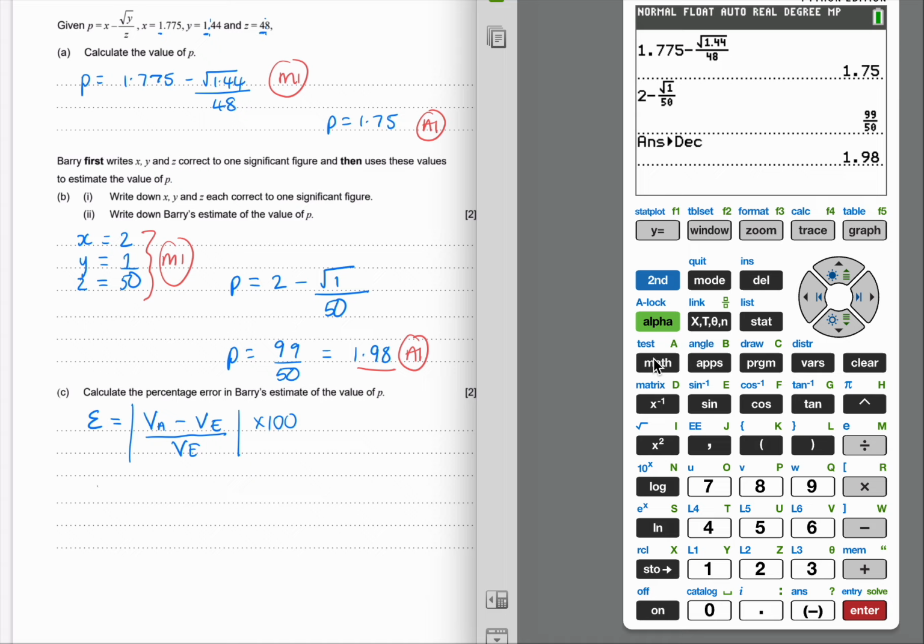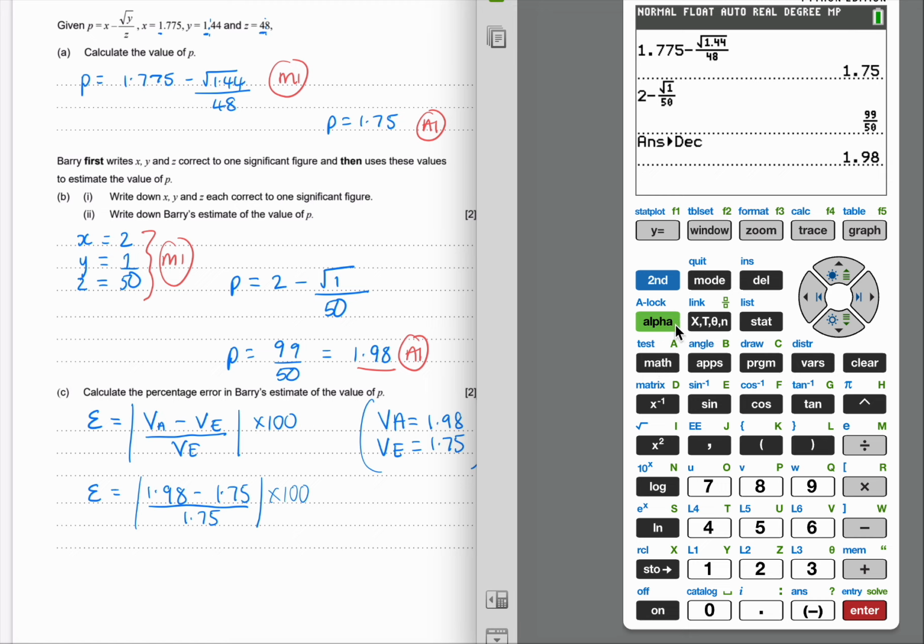So if I substitute in the values that I've got, we know that the approximate value is equal to 1.98, and that the real value, the exact value, is 1.75, which was the first part of the question. So just keeping in mind that. So I have 1.98 minus 1.75, all divided by 1.75, and times by 100.